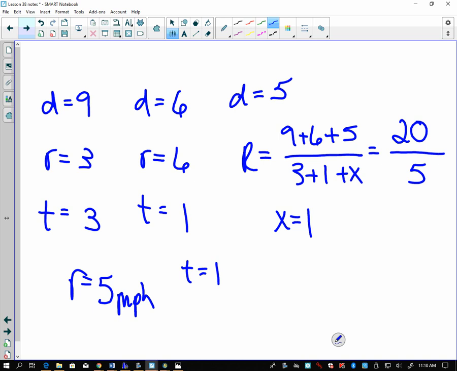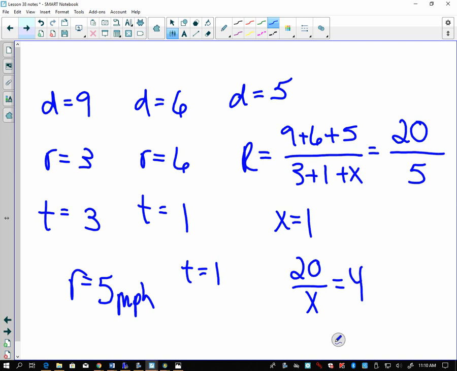We want our overall average rate to be 4 miles per hour. So overall distance is 9 plus 6 plus 5, which is 20. We've already gone 4 hours, right? So in order to get 20, we're saying 20 divided by what equals 4?